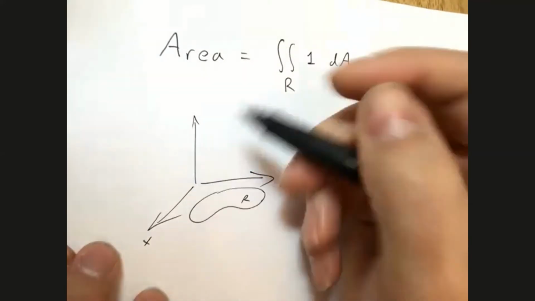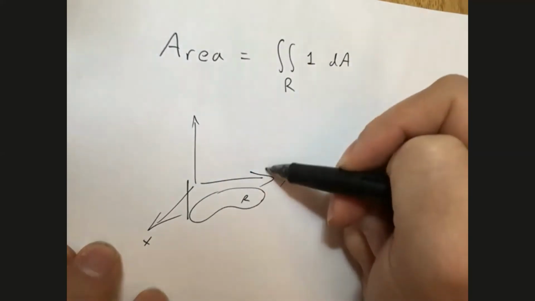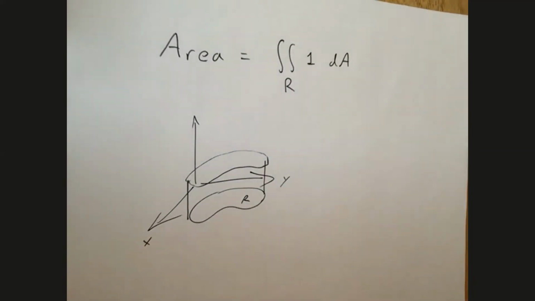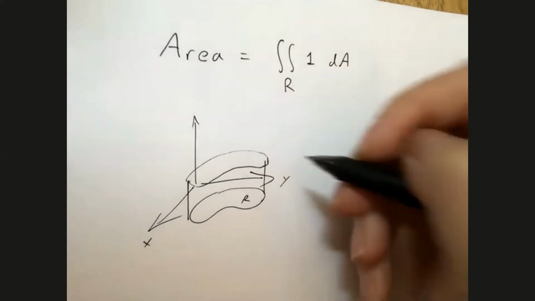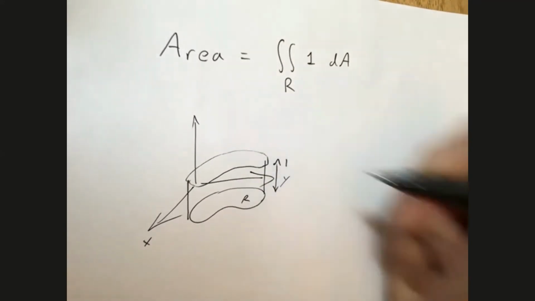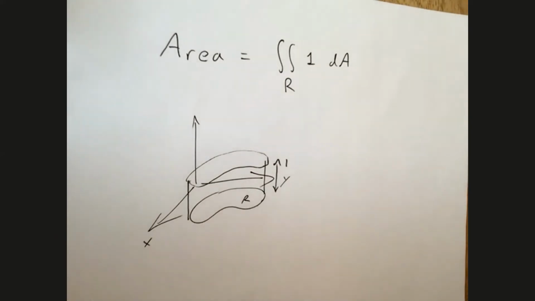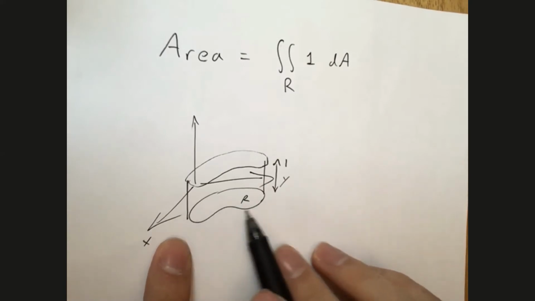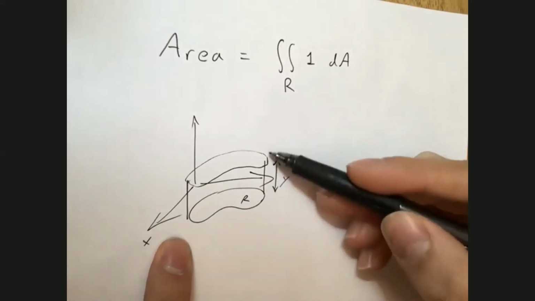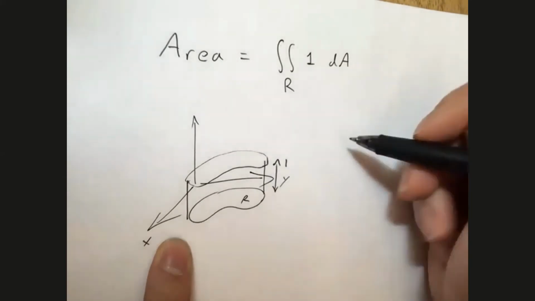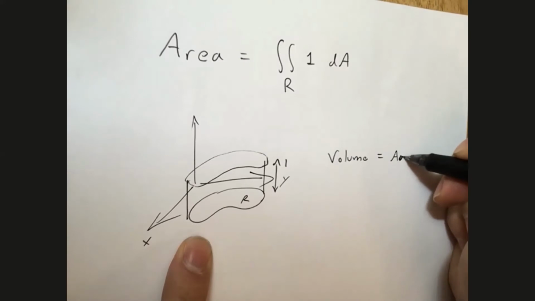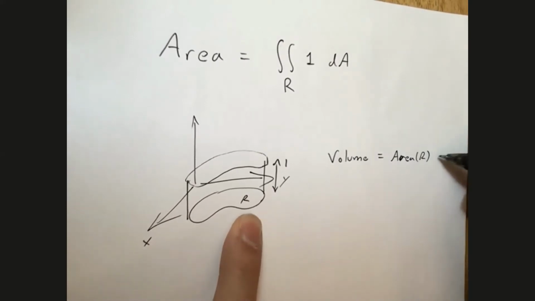And I can think of a volume by just extending this region up 1 unit. Right? So if I just make the height of this 1, I know that the volume of this thing is equal to the area of the base times the height. Okay? So the volume is equal to the area of R times the height, which is 1 in this case.